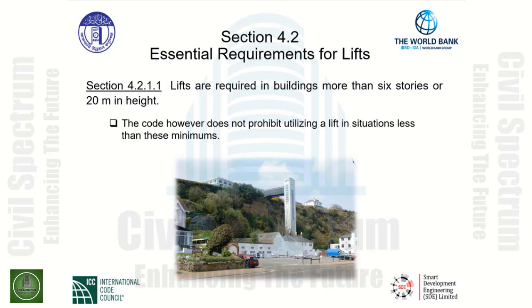The code, however, does not prohibit utilizing a lift in situations less than these minimums. So it is up to the designer and the owner of the building whether to install a lift in lower story buildings.